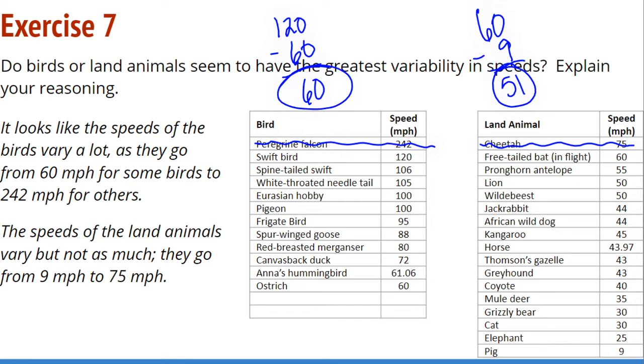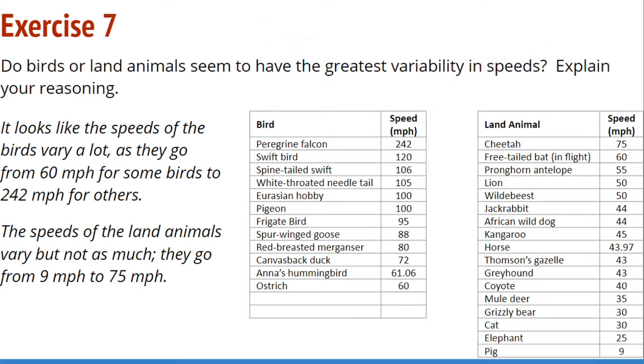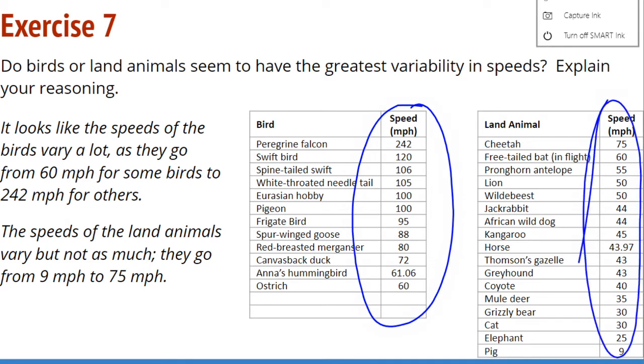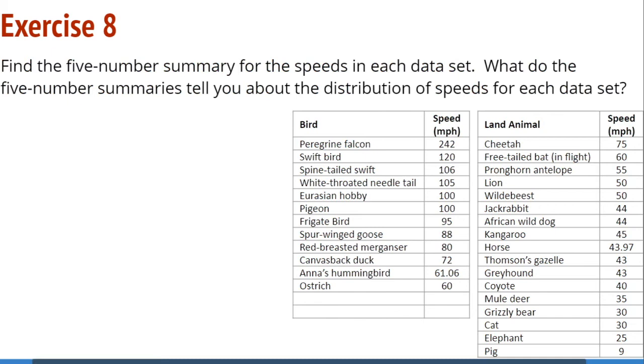So if we take away the two top speeds, all of a sudden the ranges look a whole lot closer. So we need to be careful as we look at data, asking, do we have some data there that is changing things in a big way? But we do appear to have, just looking at what's here, greater variability with the birds, a little bit less variability with the land animals.